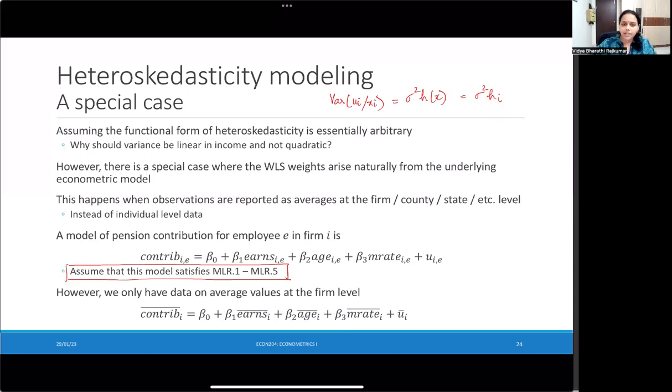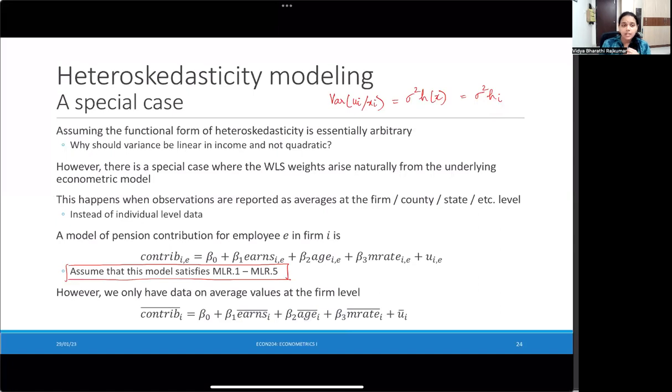Now, that's a very arbitrary way of coming up with this functional expression, right? We assumed that the variance in the error terms was linear in income, but what stops us from assuming that the variance is quadratic? So the underlying assumption here is that when you're trying to come up with this form of heteroscedasticity, there is some level of arbitrariness there.